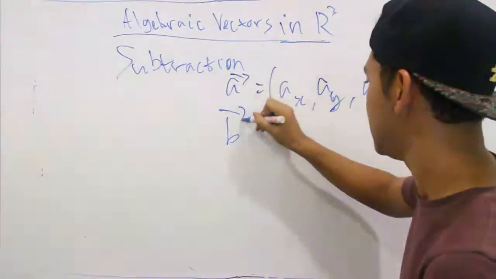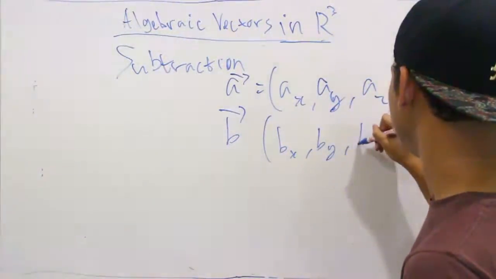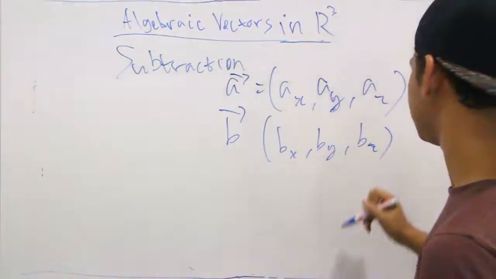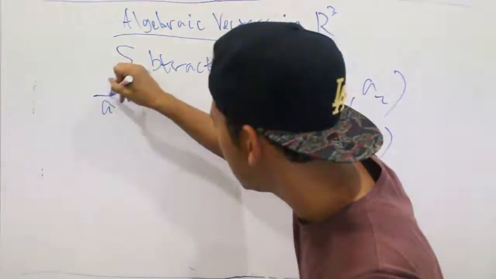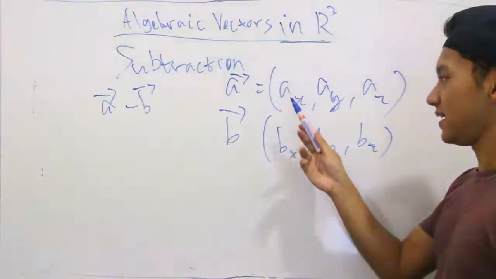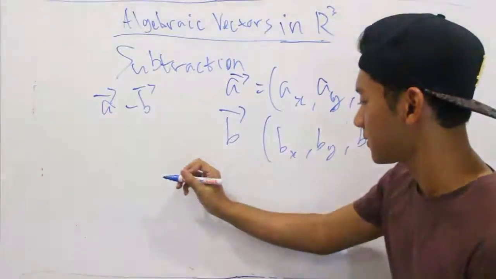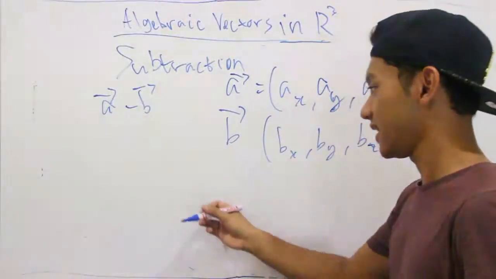And vector B is BX, BY, and BZ. If we want vector A minus vector B, we subtract each axis. It may seem complicated, but it doesn't.